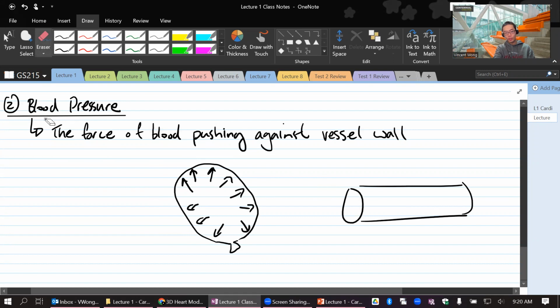Blood pressure is essentially the blood pushing on the vessel wall. Generally speaking, the more blood you have, the higher the volume, the higher the force of pushing will be, and you would have a higher blood pressure. So blood pressure is the force of blood pushing against the vessel wall.